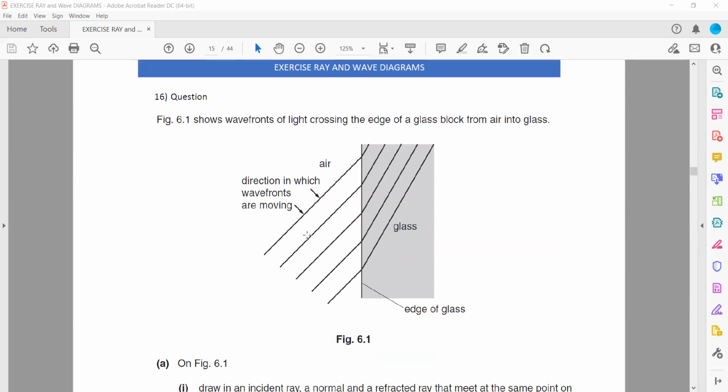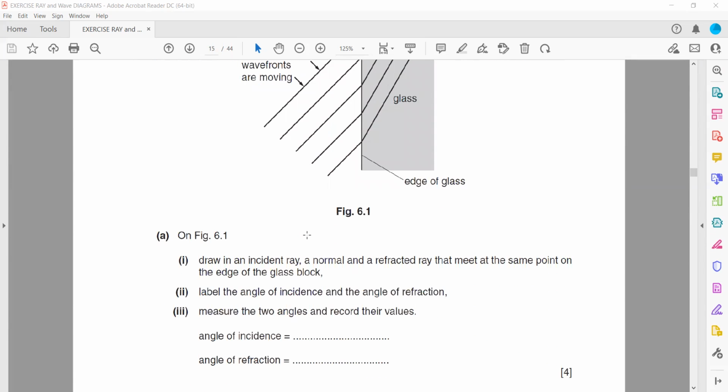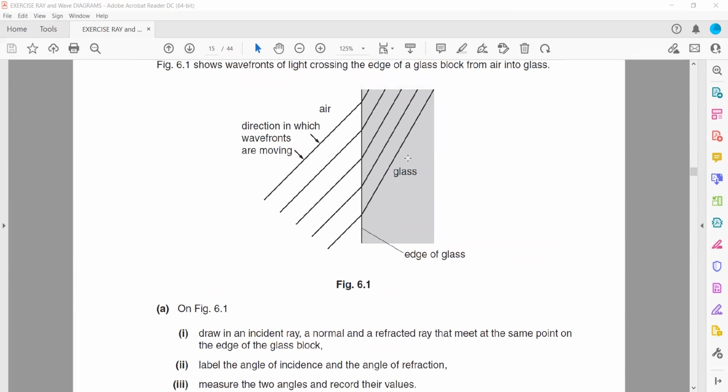Figure 6.1 shows the wavefront of light crossing the edge of a glass block. Draw the incident, the normal, and the refracted meeting at the same point. So we want the incident. How to draw the incident?